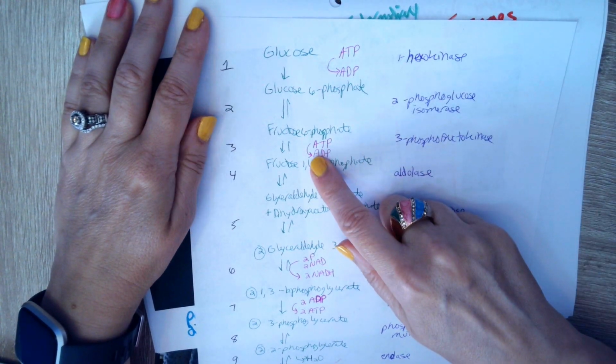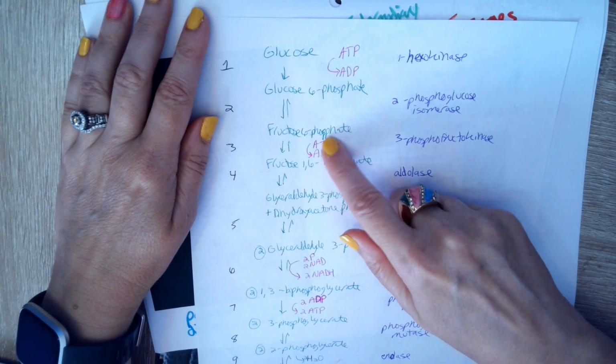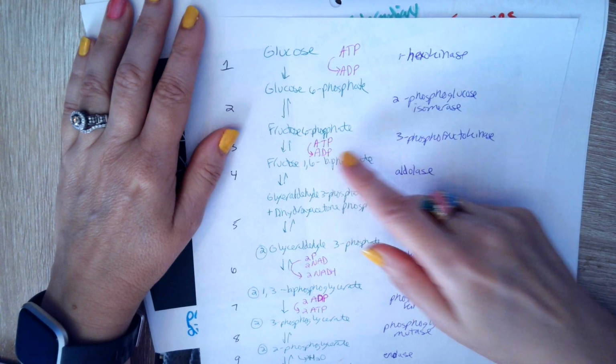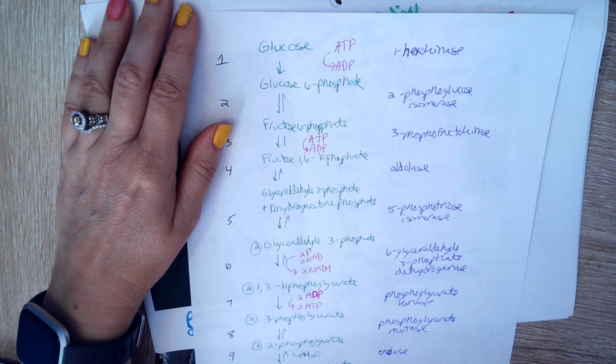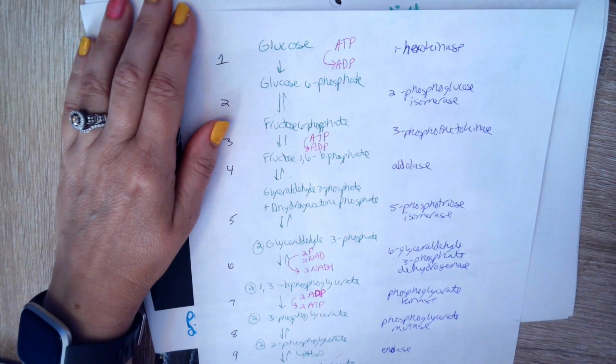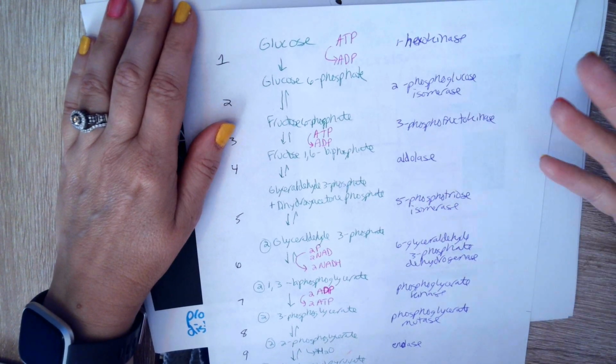We'll see down here that we're, again, using energy. We're taking ATP, we're breaking it down into ADP. And you think, okay, well, glycolysis is supposed to be about making energy. And it will be. This is the preparatory phase. We are preparing to start making energy.